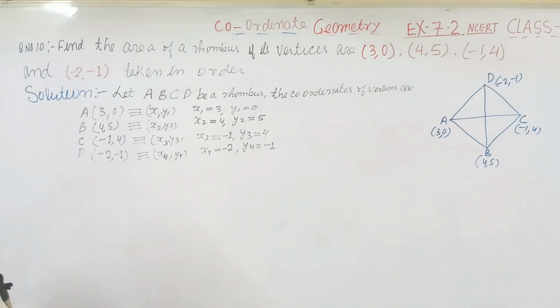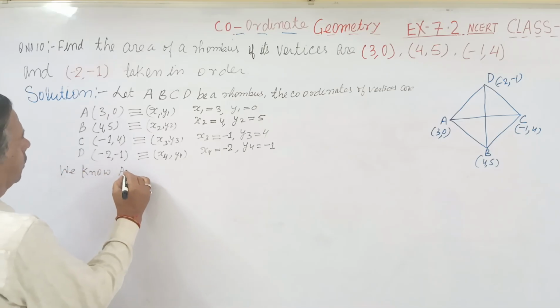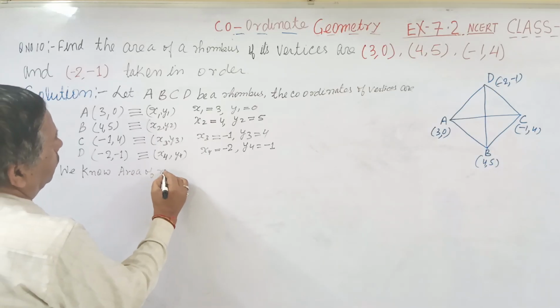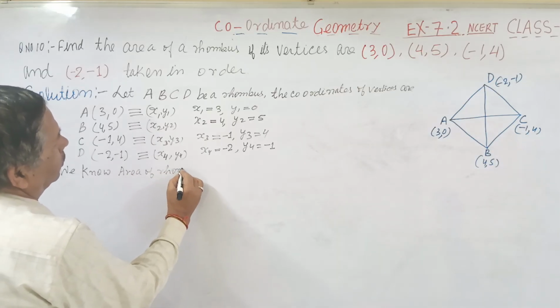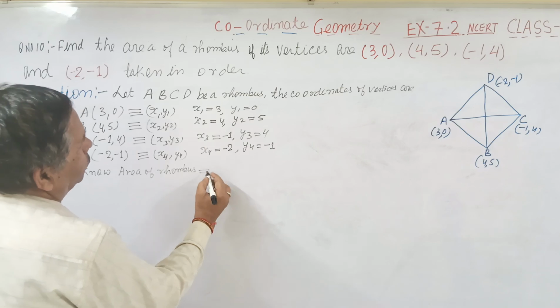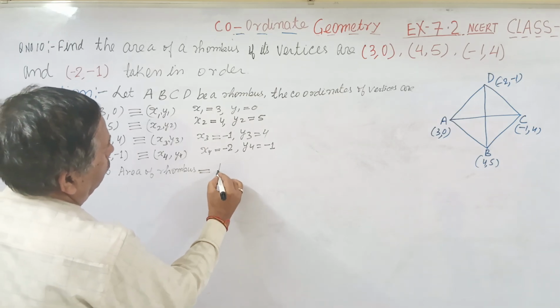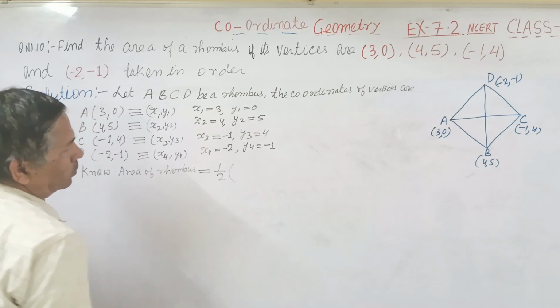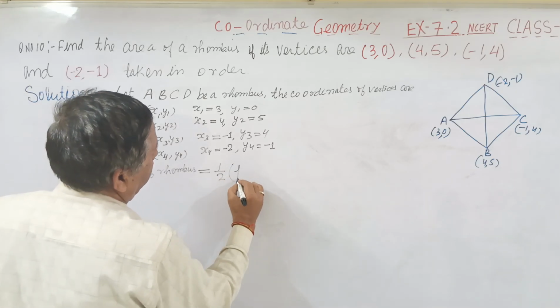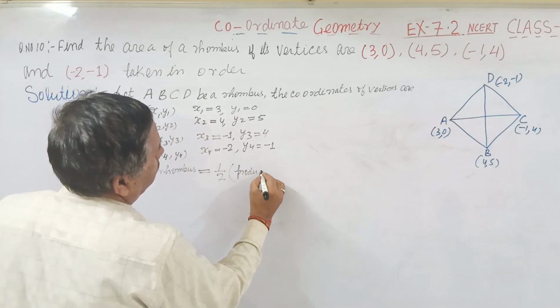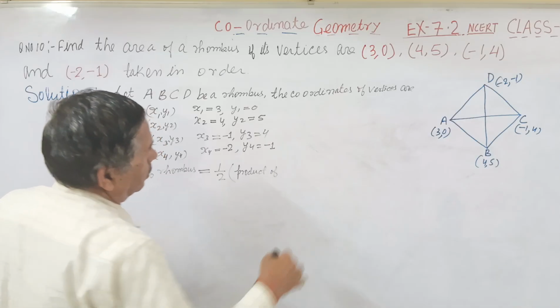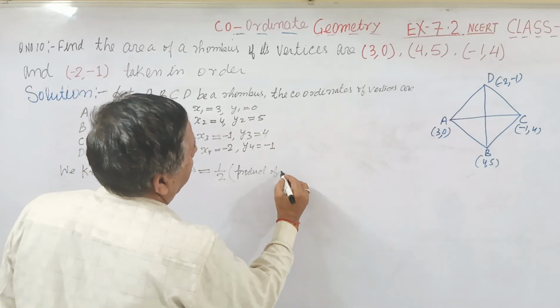We know the area of a rhombus is 1/2 of the product of the diagonals.